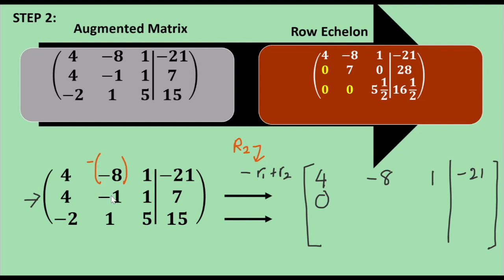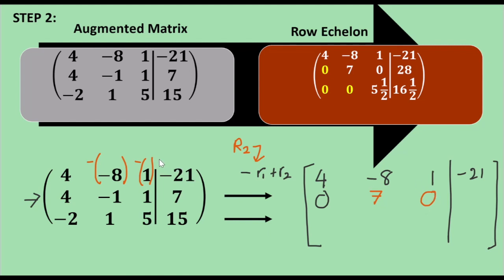And positive 8 minus 1 would be 7. So negative row 1 plus row 2: 1 plus negative 1 becomes 0.